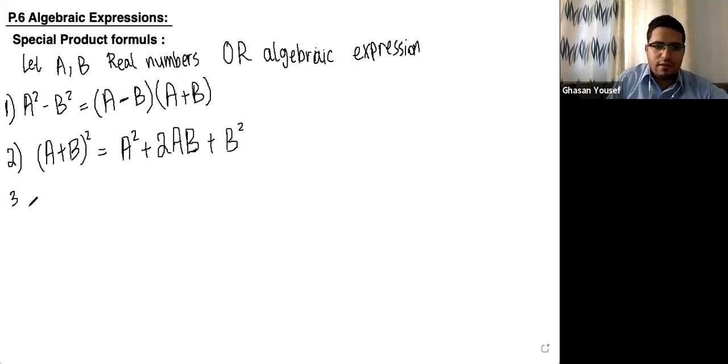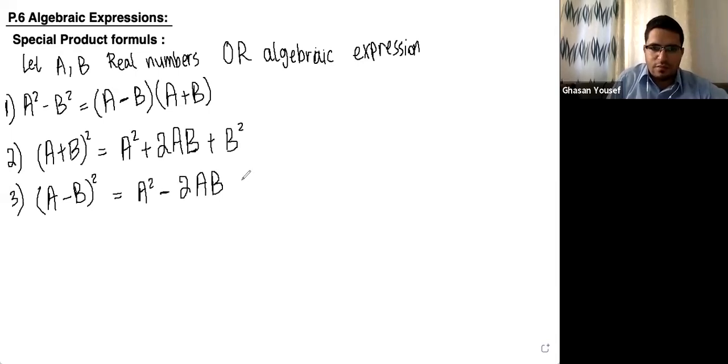Also, I can define a third formula, (A minus B), everything squared. This is equal to the first term squared minus 2 times A times B plus B squared. So look here, if the sign is positive, here must be positive. If the sign here is negative, here must be negative.